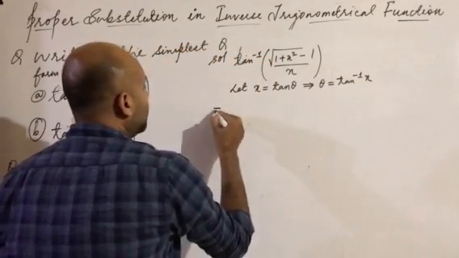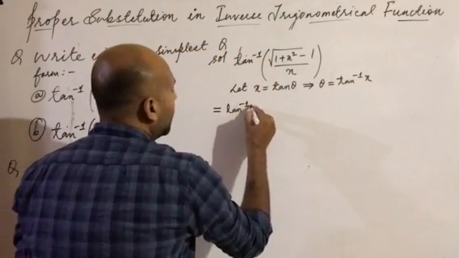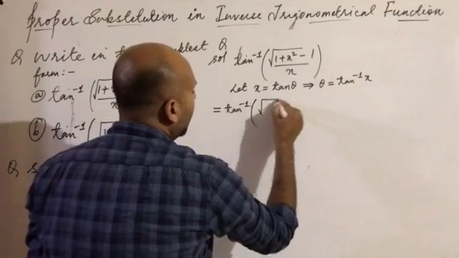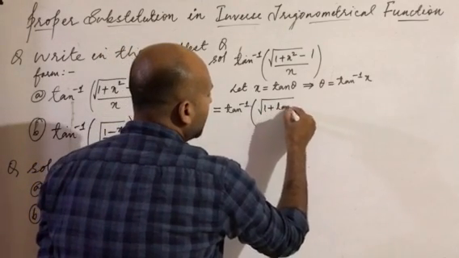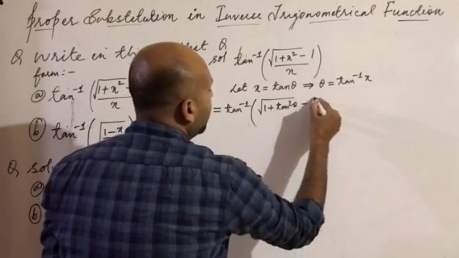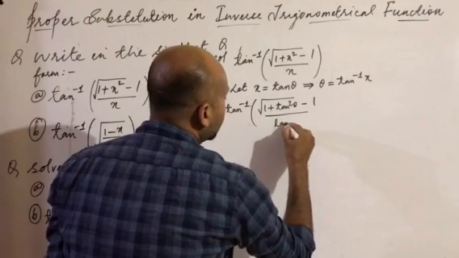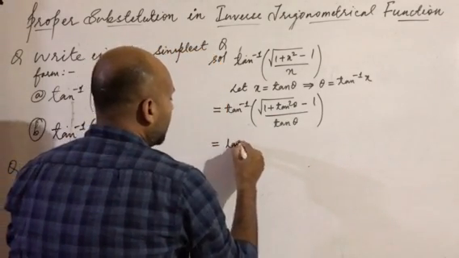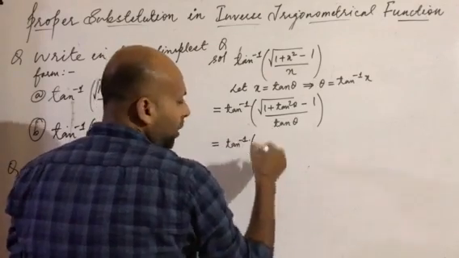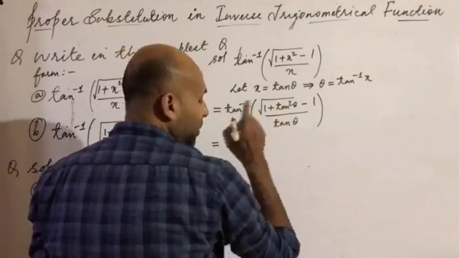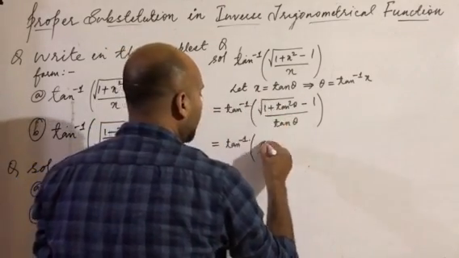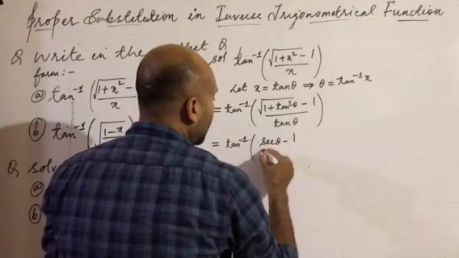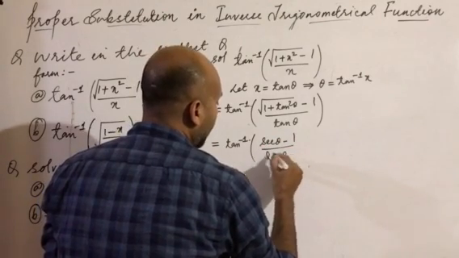Now after doing the substitution, we will write tan inverse of root under of 1 plus x square, that is 1 plus tan square theta, minus 1, whole divided by x, which is tan theta. Next line: tan inverse of root under 1 plus tan square theta, which is sec square theta, and the root of that is sec theta, minus 1, whole divided by tan theta.